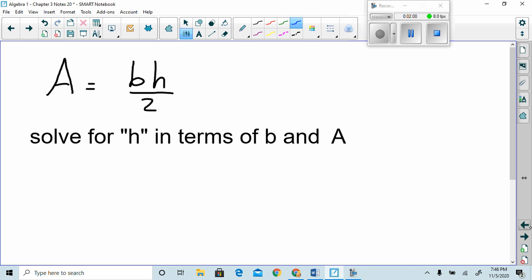Here is our formula for area of a triangle. The area of a triangle is base times height divided by 2. What if I needed to find the height? I'm going to start by, and again I'll write my formula over. I have to isolate h. So I'm going to highlight that in a different color. I'm going to isolate h. And so now I am going to first start by multiplying both sides by 2.